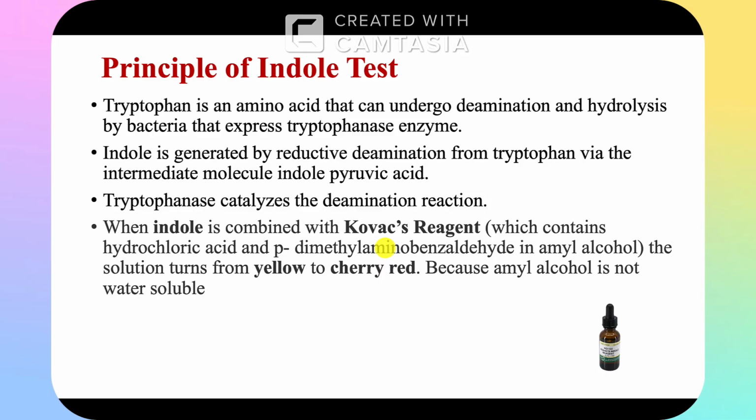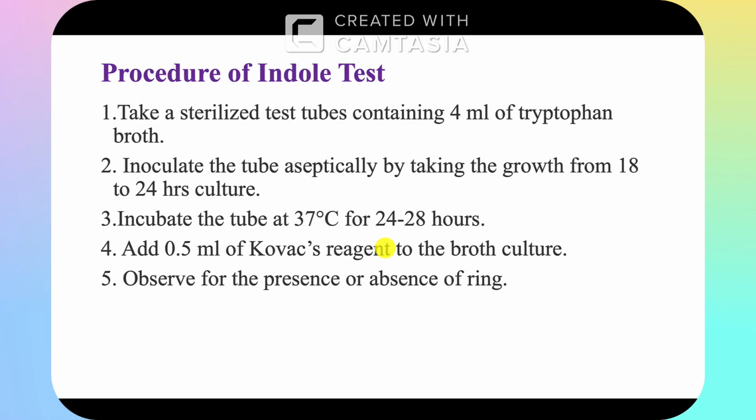So from yellow to cherry red. You will do this test by hand, of course, in the lab. We will do this test together in the lab. This reagent is the main reagent used for the indole test.